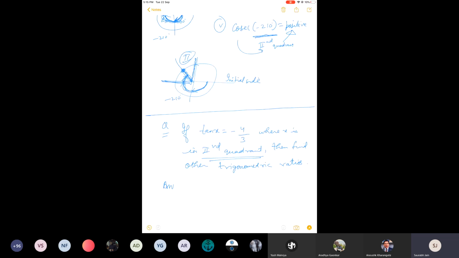What is an identity? It is an equation which is true for all values, right? Now listen carefully. x is in the second quadrant. It is given in the question. And in the second quadrant, tan x is negative. That is why they have given a negative value.